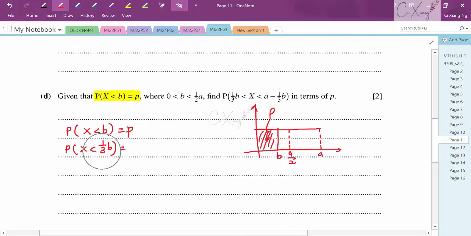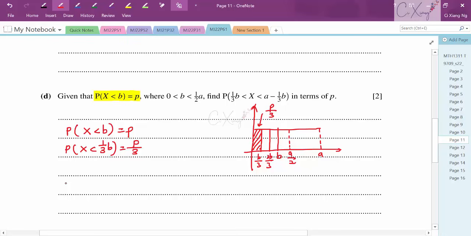And when we have b over 3, that means we divide this area into 3 equal parts, where this one is b over 3, this one will be 2b over 3, and so on until b. So the 3 parts have probability p, and if I am interested in one small part here, this probability should be p divided by 3 because they are divided into 3 sections equally. So for X smaller than b over 3, we have p over 3.